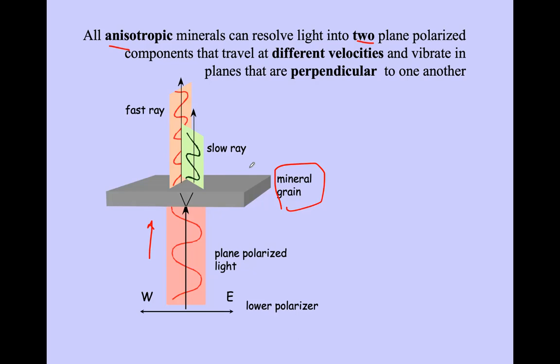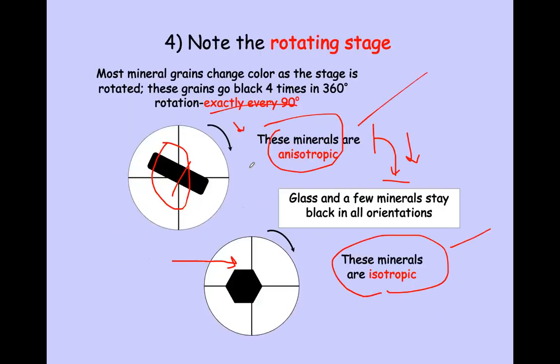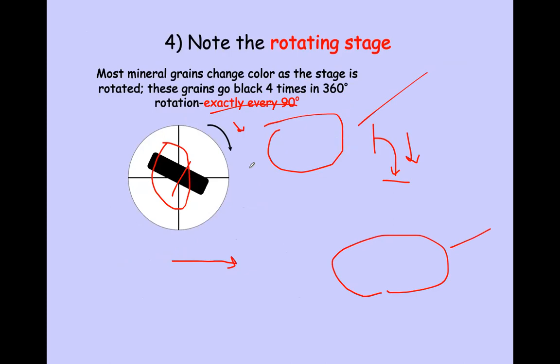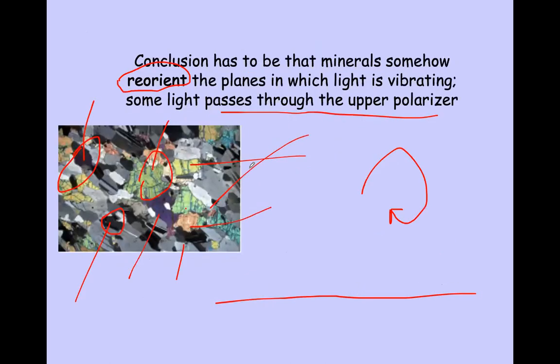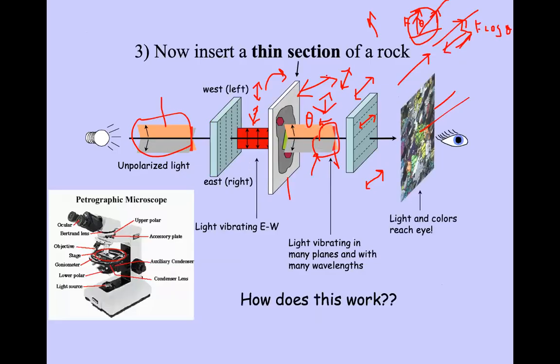I showed you a bunch of light beams in the previous slide because you have a collection of minerals. You will have light at different theta angles, so you get a bunch of light beams out from the sample, and it will come out as vivid colors.